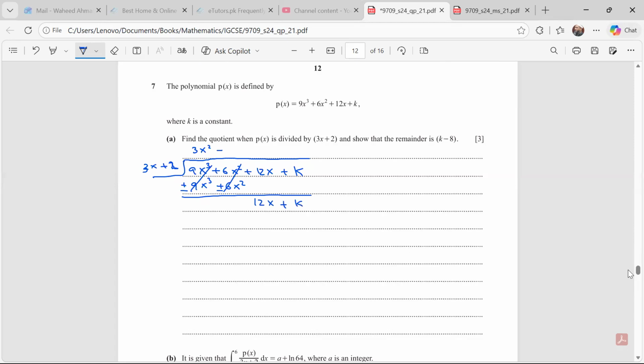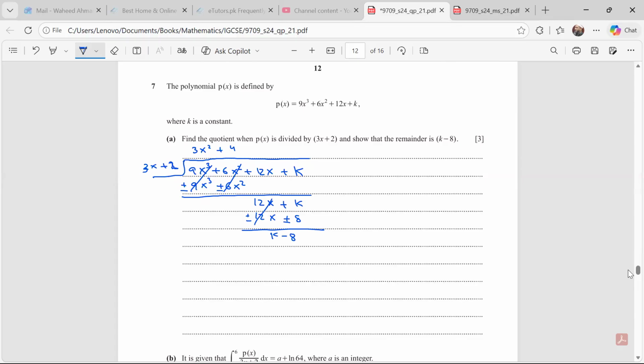And next thing I will do it with 4. So this is 12x and plus 8. So when I subtract this, it is going to be k minus 8.